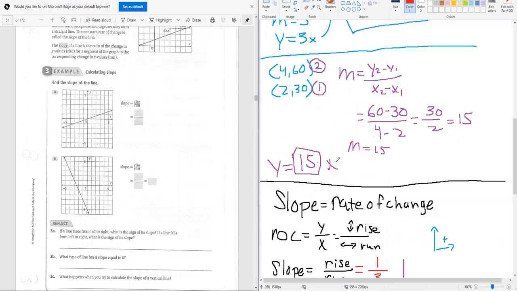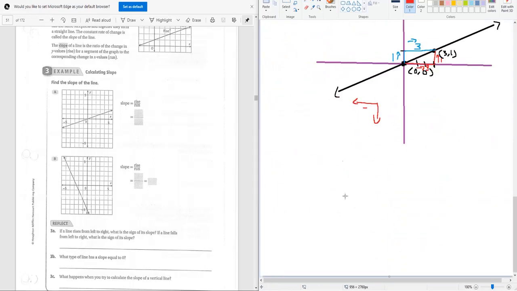So let's try another one. So let's say I got this, and then that, and then here we got 2 points. I don't know. What is that? That's a 0, -5. So 1, 2, 3, 4, 5.